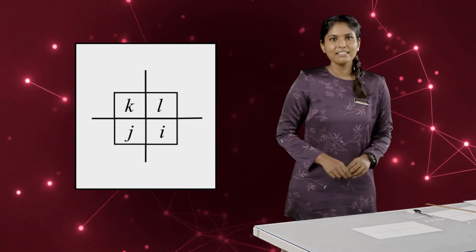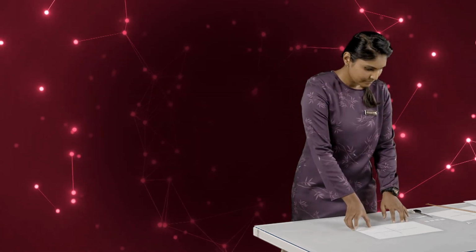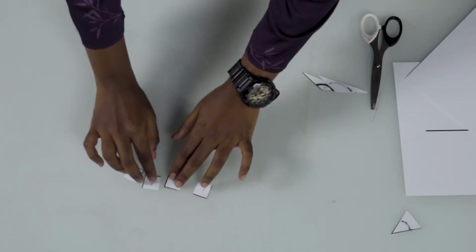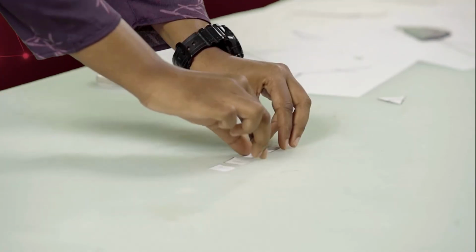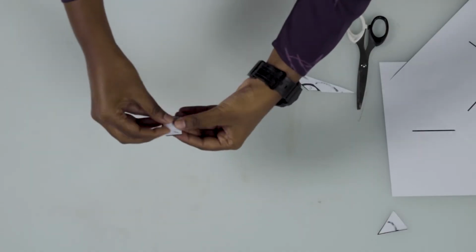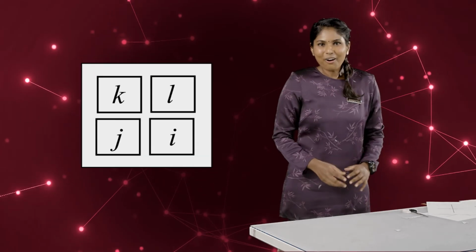Let's cut the angles and compare angles I, J, K, and L. All 4 angles seem to have the same size. Let's stack all the cutouts together. Yes, all 4 angles do have the same size.